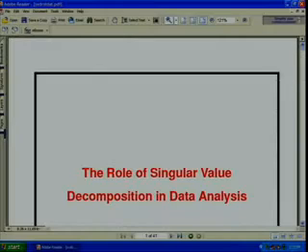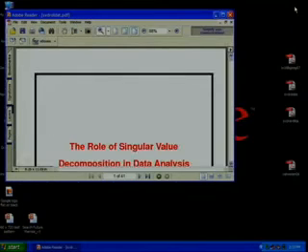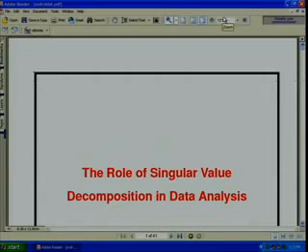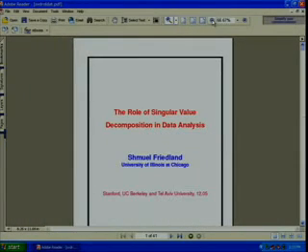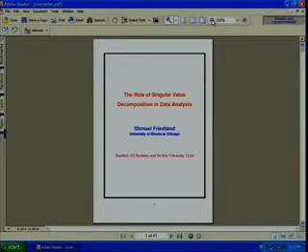So the next topic we can do is how to reconstruct, to give you the idea of how to reconstruct some missing data.